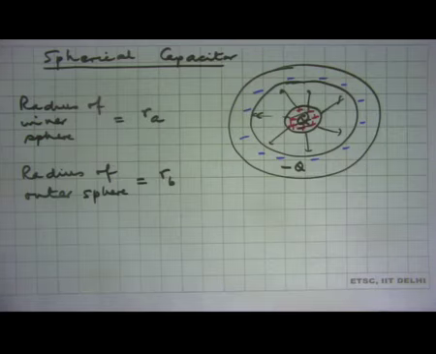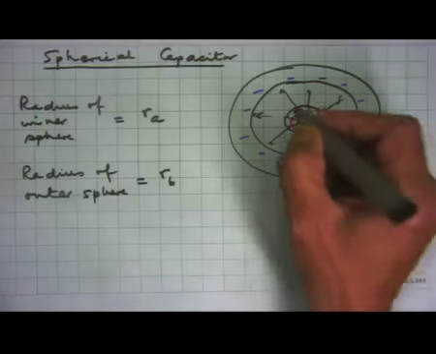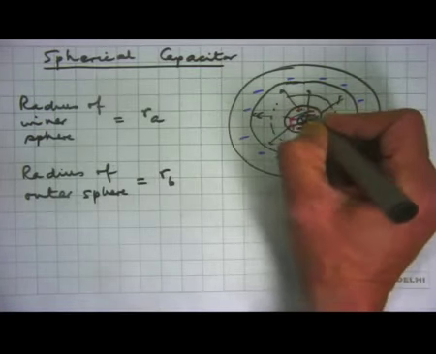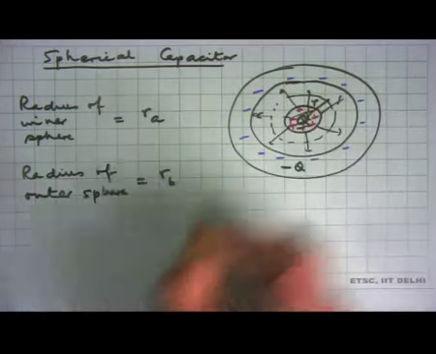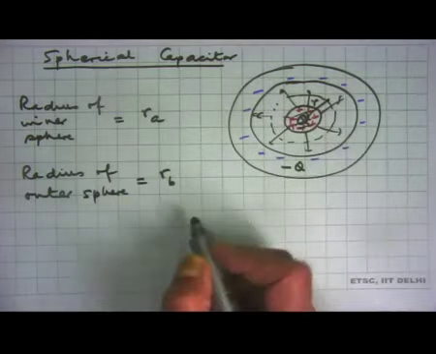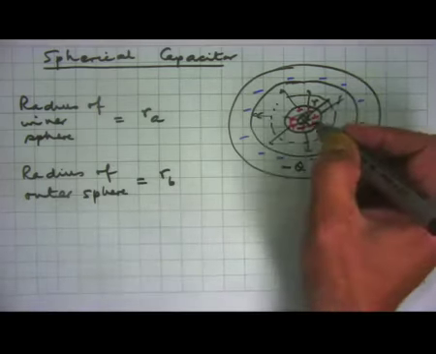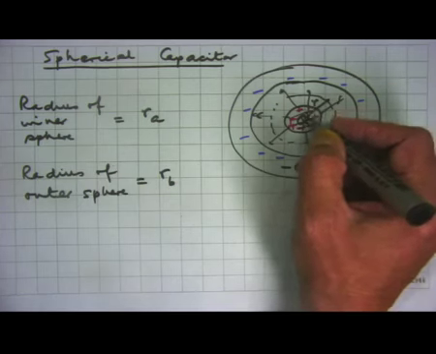To calculate potential difference, I must calculate the electric field, which we have done before, but let me recall. I take a spherical Gaussian surface of radius r centered at the center of the inner conductor sphere, and so by symmetry, as we have seen before, the electric field lines are all radial pointing away from the center.